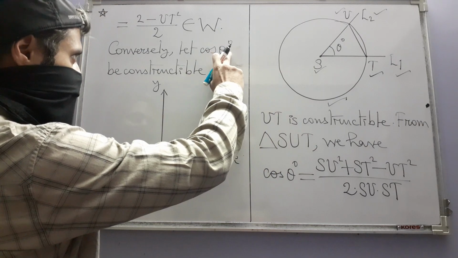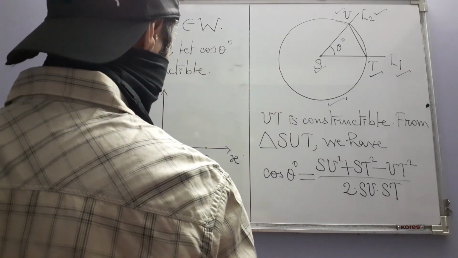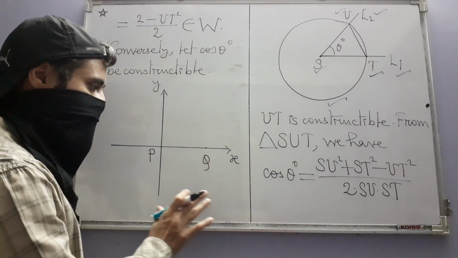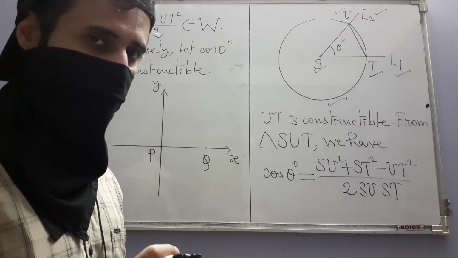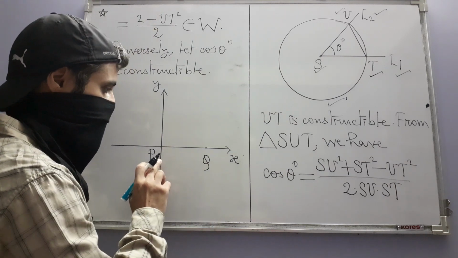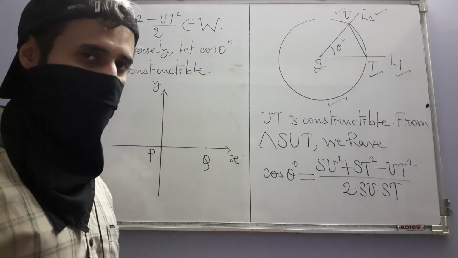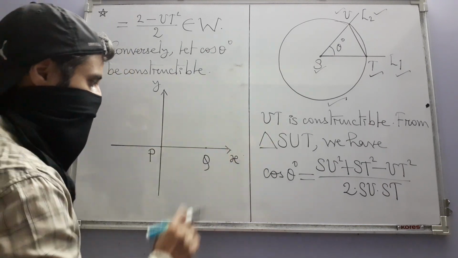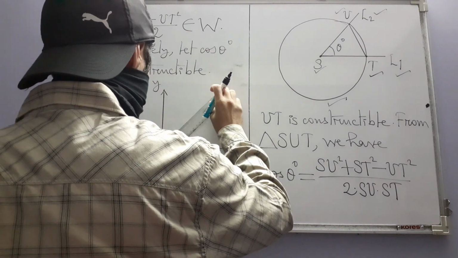Now we do know what theta is, so let's draw the angle theta in its standard position. We already know what that means. It means that the initial ray of that angle coincides with the positive x-axis. So this is the initial ray, and the terminal ray will lie somewhere.